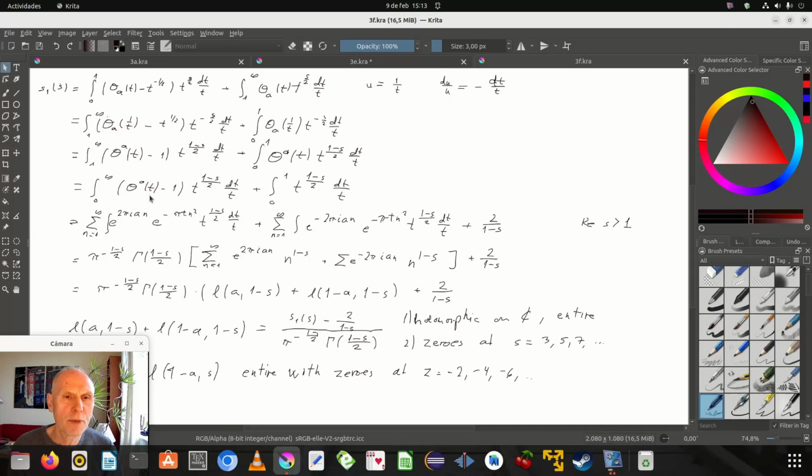And here we split again, first taking the positive part of theta super A, and then the negative part, so it's minus n, and this gives the same, of course.